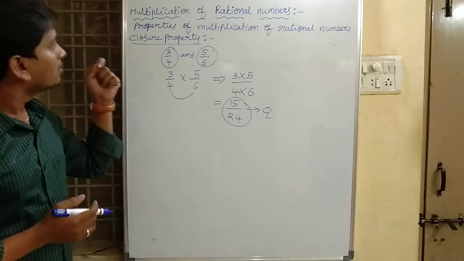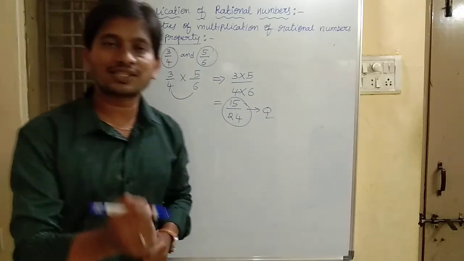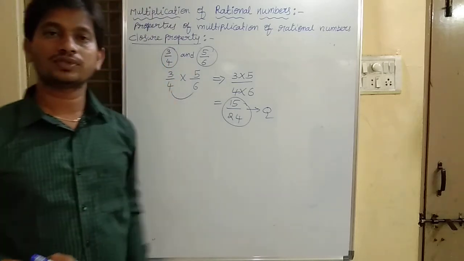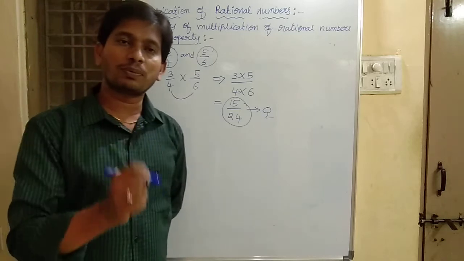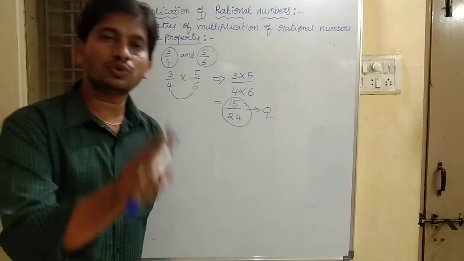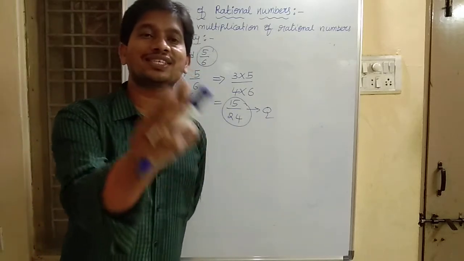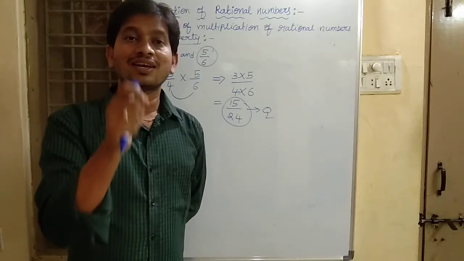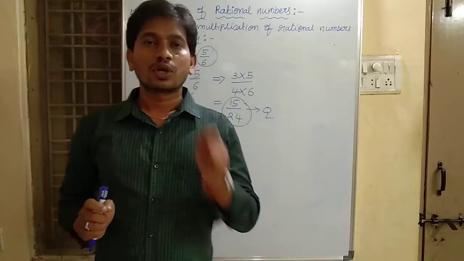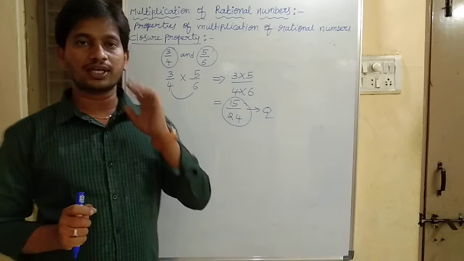So rational numbers are satisfying closure property under multiplication, because the product of two rational numbers is also a rational number.